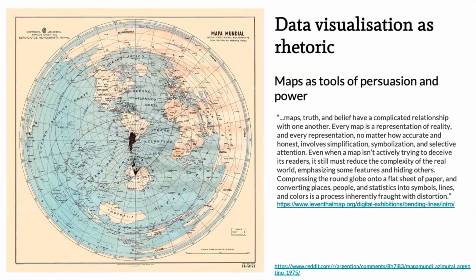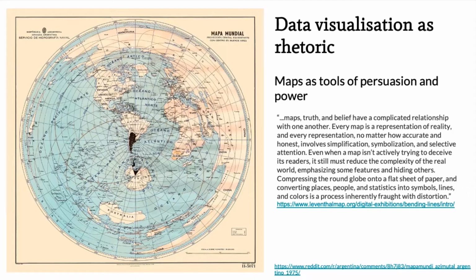And maps are something that have been really studied to explore exactly how this works, and really are a key example of tools of persuasion and power. I like this example with Argentina in the center of the world. Anyone can be in the center of the world. It depends how you draw your map.